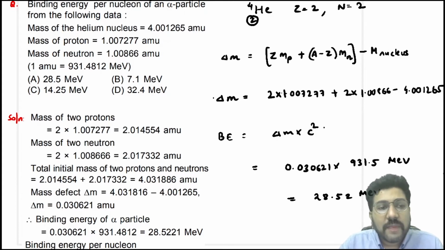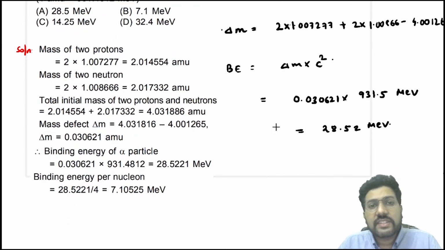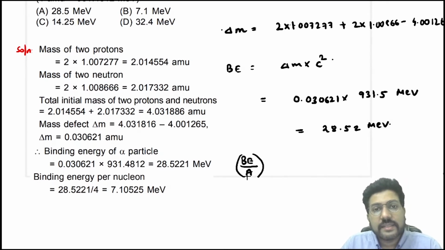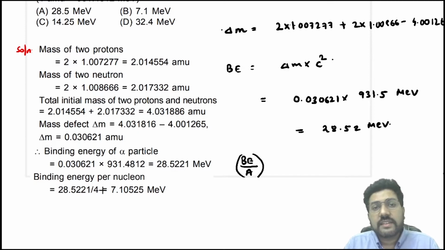But they've asked you the binding energy per nucleon. Remember, they've asked you the binding energy per nucleon, because the binding energy per nucleon is the measure of stability, not the binding energy. Why? Because as the atomic number increases, the binding energy increases, but it is not necessary that the stability increases. The binding energy per nucleon, how much binding energy is there for one nucleon, decides the stability.